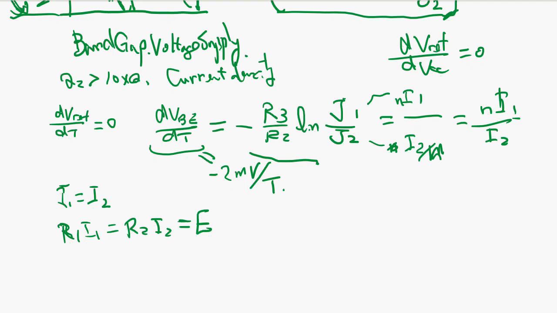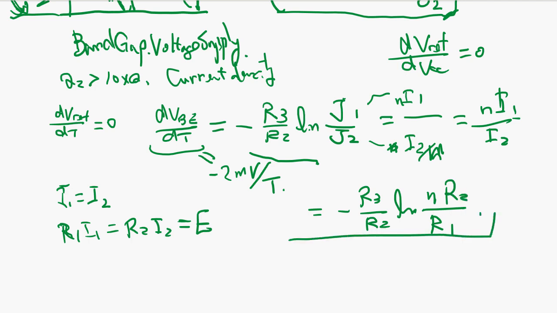So we put I1 plus I2, it's going to be R1, R2. Yep. So we adjust R1, R2, R3 to be about negative 2 millivolt per degree. Okay, then it's temperature compensated.